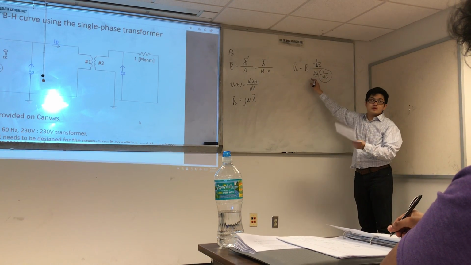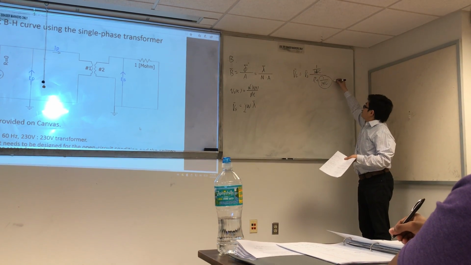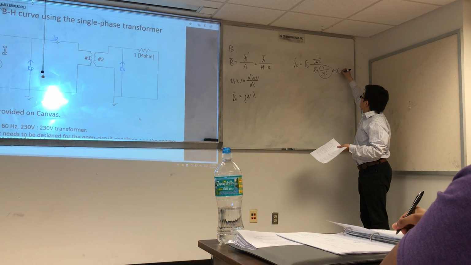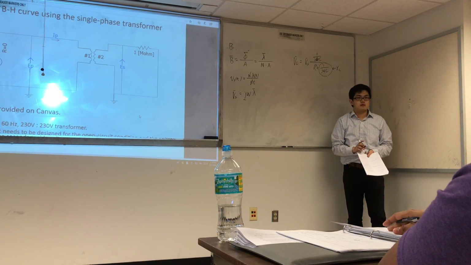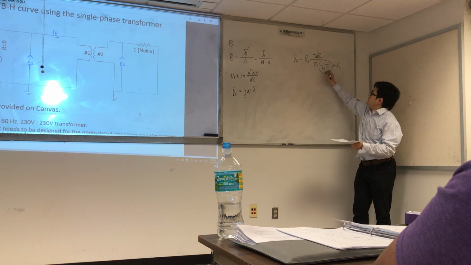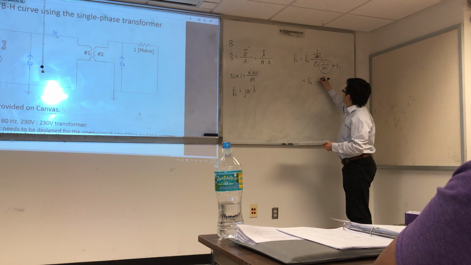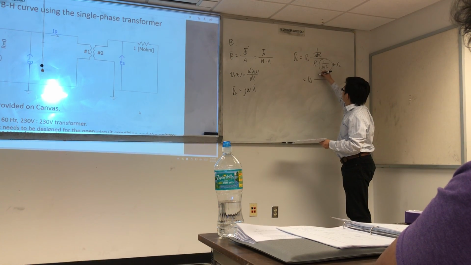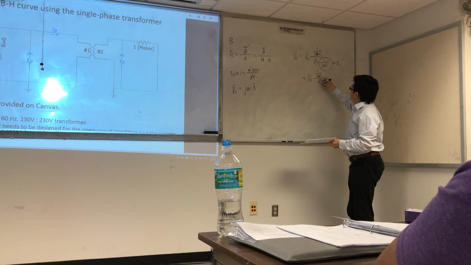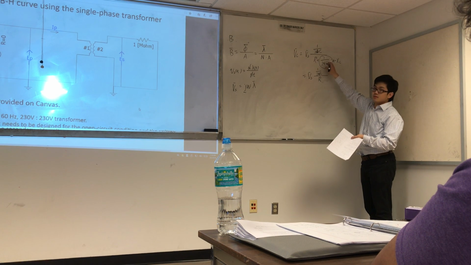It's not a default. We designed that. We designed R to be much larger than the reactance of your capacitor. This one is XC, the reactance of your capacitor. Since R is larger than XC, Vs times 1/(jωC) divided by R. This part can be ignored.